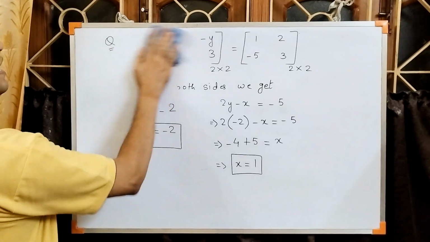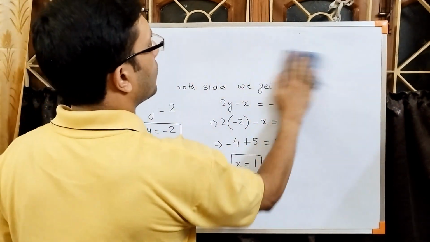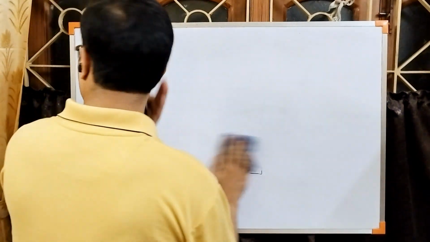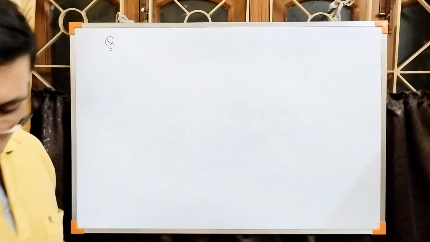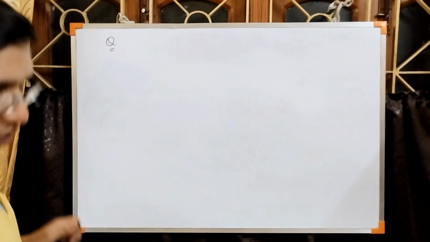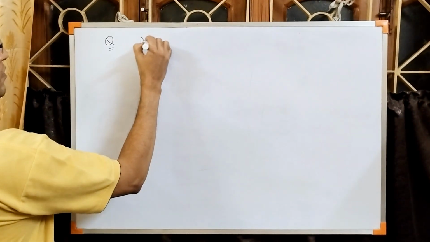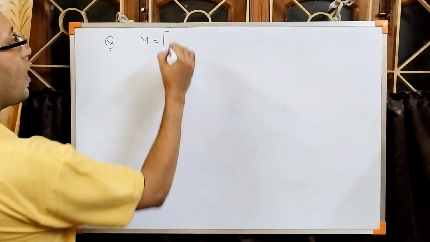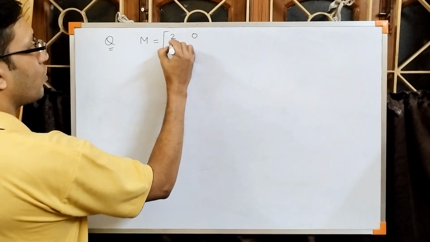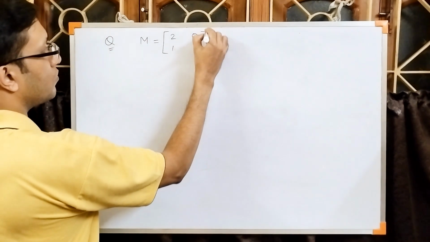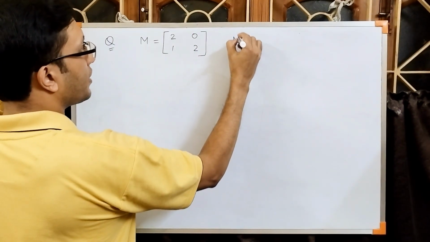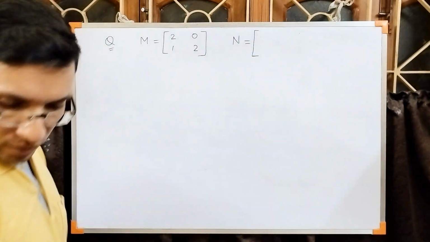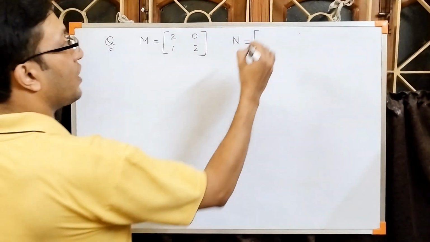Let us see matrix addition. Okay, so the value of one matrix M is given, that is 2 0 1 2, and the value of another matrix N is given, that is 2 0 minus 1 2.